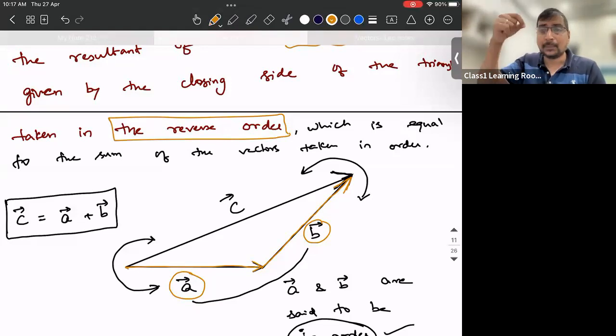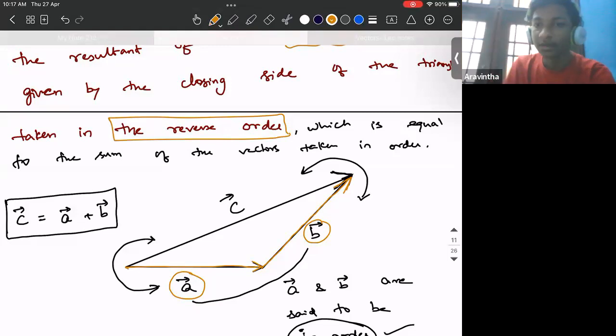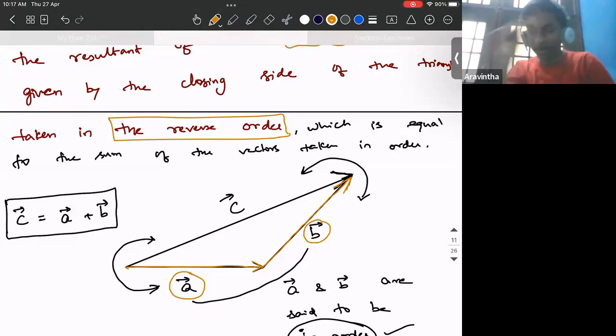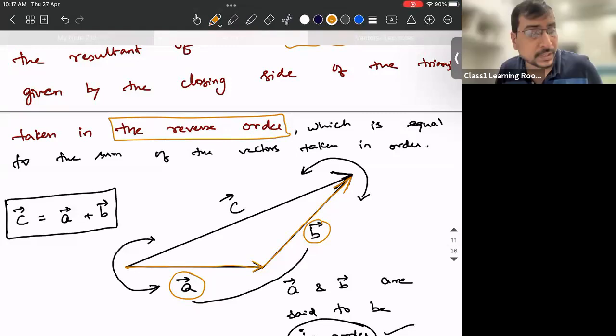Because the ending point of the first vector is acting as the starting point of the second vector. So they both are said to be in order. Sir, when they give a question with a triangle, will they mark the arrows? That depends on the question. But here we are only seeing the law.